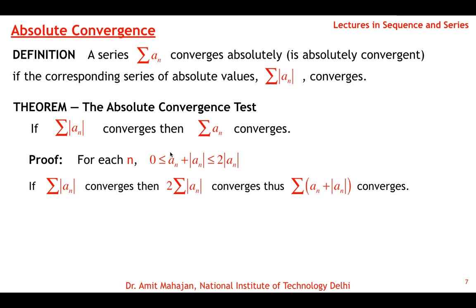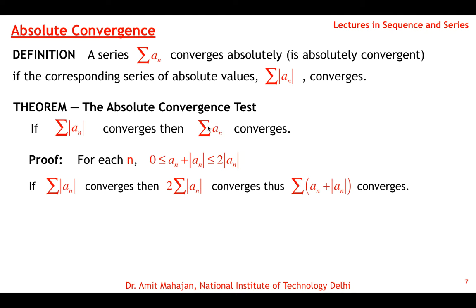And so this series of an plus modulus of an is also bounded from above, and so it is also convergent. If the bigger series is convergent, then this series of smaller terms is also convergent. So what we have proved is that if the series of modulus an is convergent, then the series of an plus mod an is also convergent.